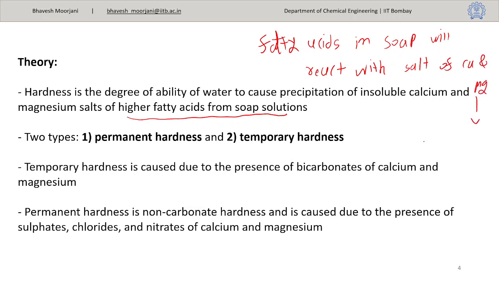This will create insoluble salts which precipitate out.